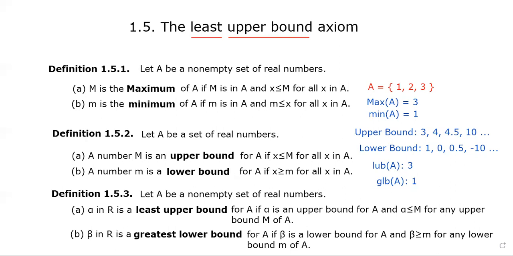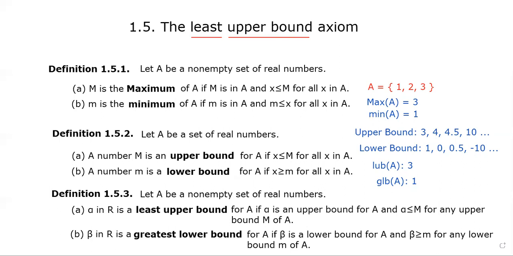And having the greatest lower bound means that I'm having the greatest value of all those lower bounds, which bounds the set from below. So in the least upper bound, we have a unique value, and the same thing goes for the greatest lower bound. For the upper bound, we have infinite values, also for the lower bound.